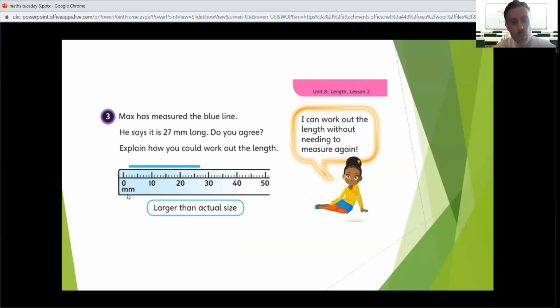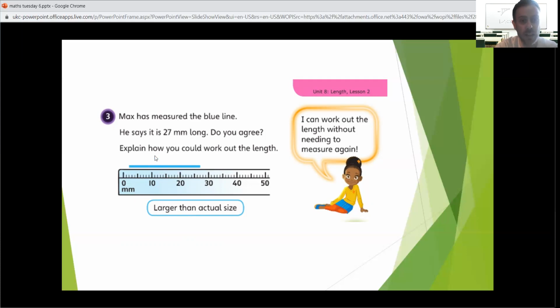I keep telling people, start at 0. Max hasn't listened. So it's not 27. It can't be because he hasn't started at 0 and it's at 27 here. So that would actually have to move back. How many? 1, 2. Right, so it's got to move back 2 millimeters to start at 0.